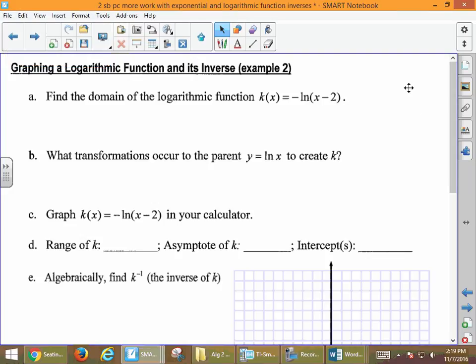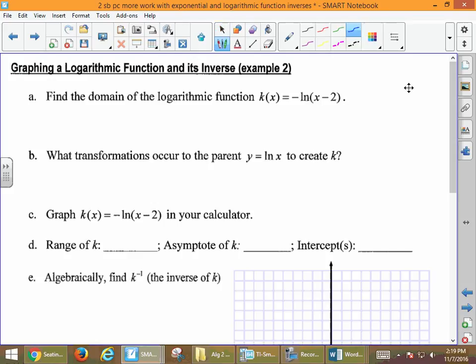Now, let's look at a natural log function. It's k of x equals negative the natural log of x minus 2. And what we want to do is find the domain first of all.